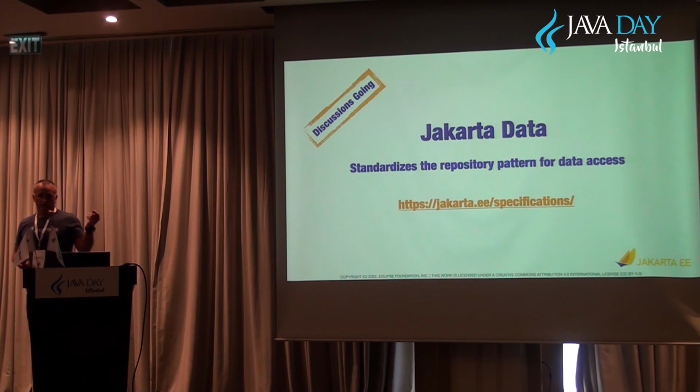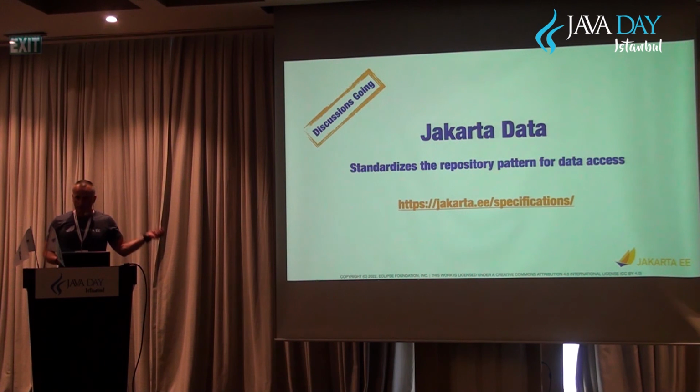We're also discussing a proposal, also by Otavio here, for Jakarta Data. It would be a layer above NoSQL and persistence to standardize around the repository patterns and other things, I think. There are discussions about whether this should be a specification or not, and it probably will be.